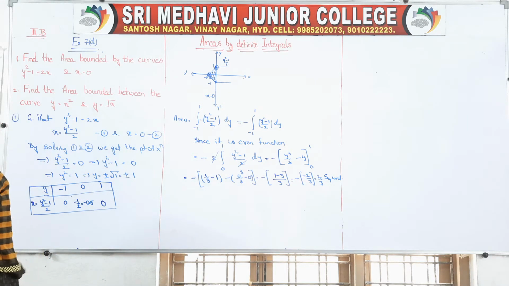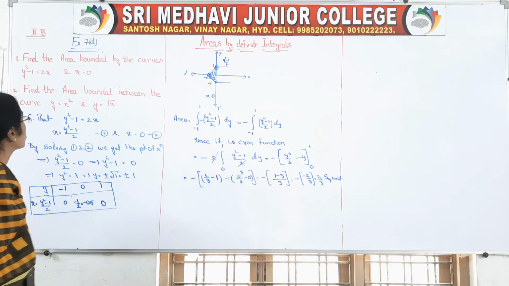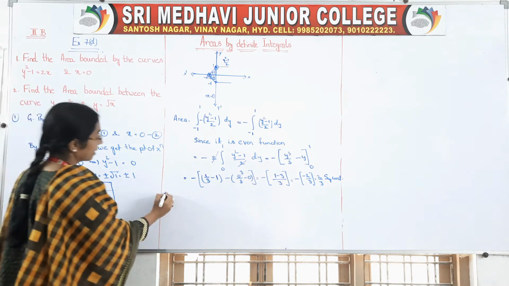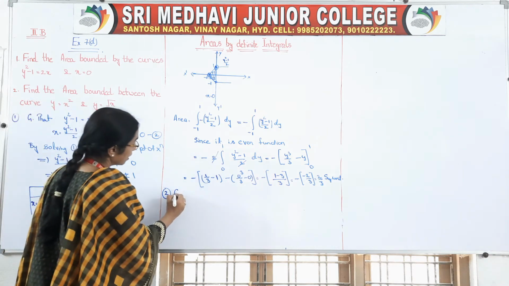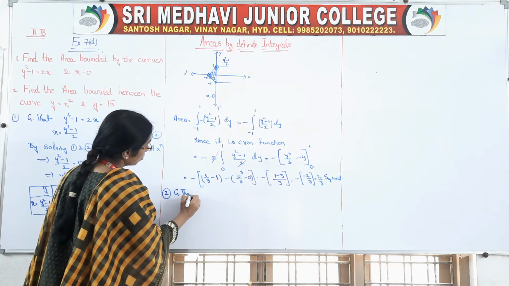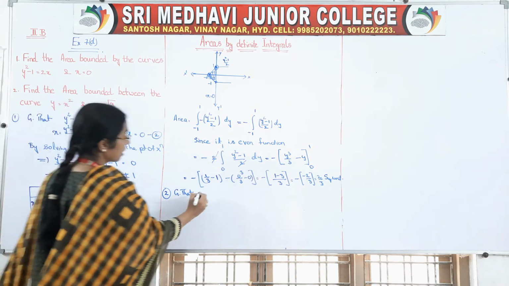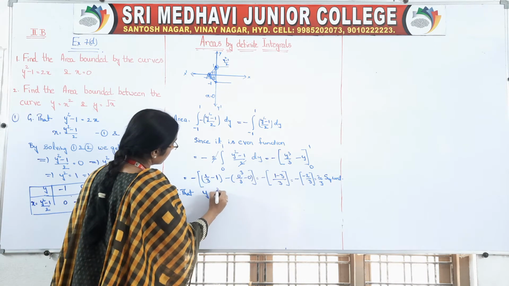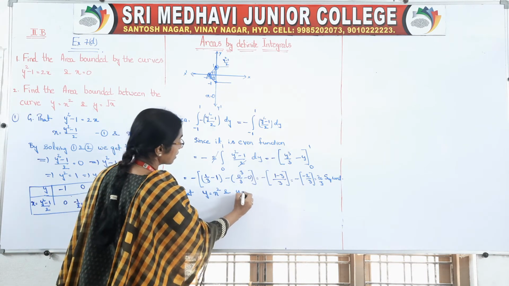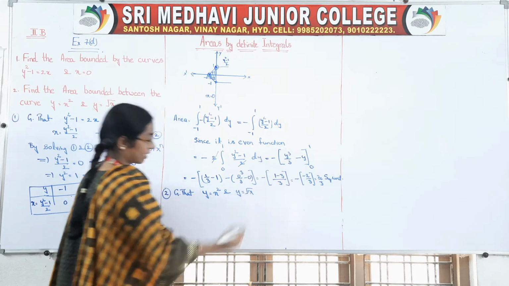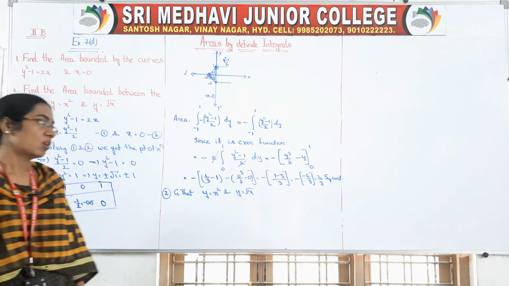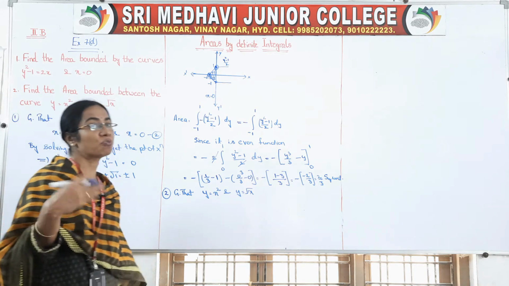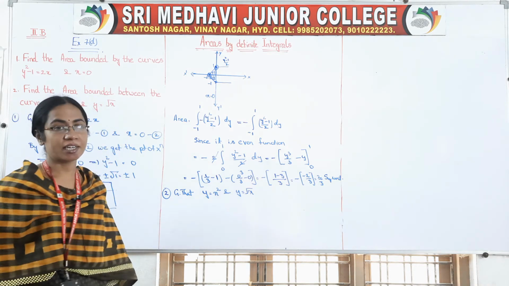Next, come to the second question. What is your second question? It is given that y is equal to x square and y is equal to root x. These are the given equations, and we don't know from where to where we have to find the area.